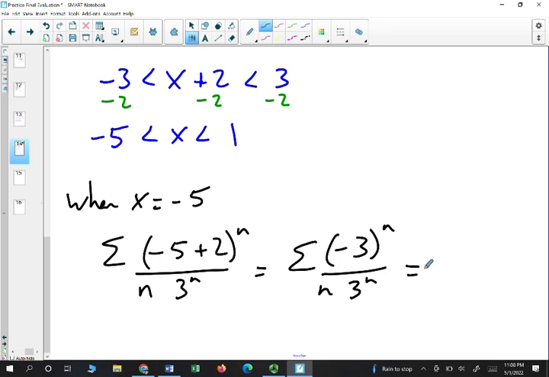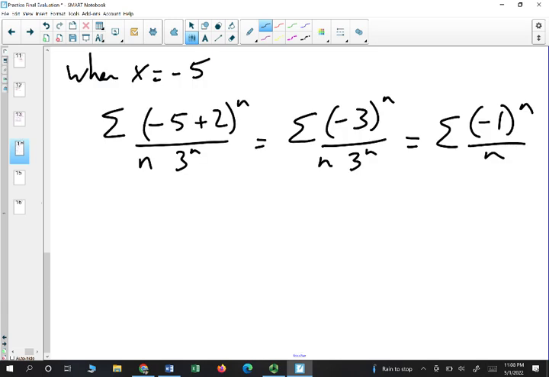We can cancel the 3 to the n, so we have summation of negative 1 to the n over n. It looks like we have an alternating series there, so we could use the alternating series test.